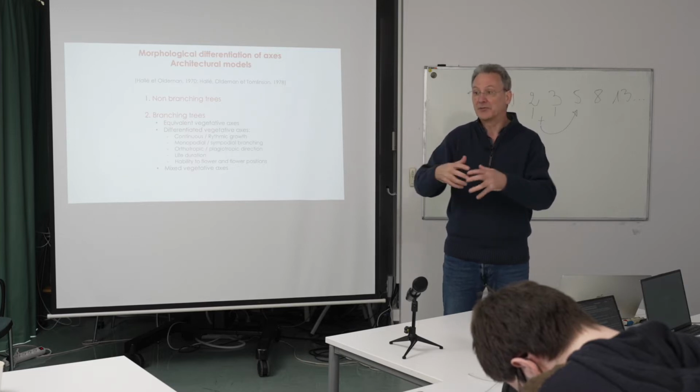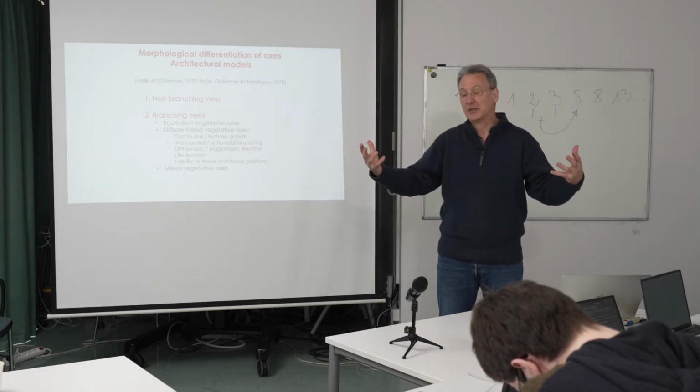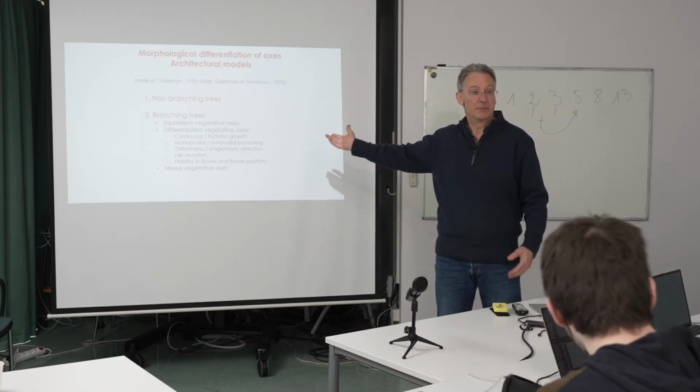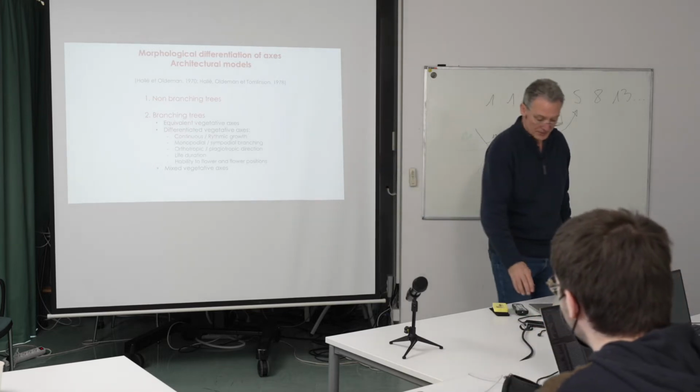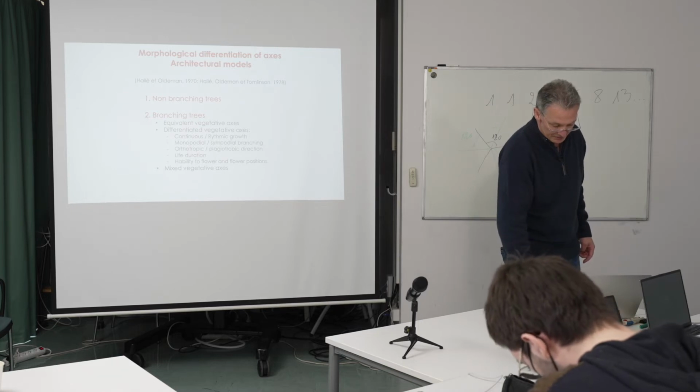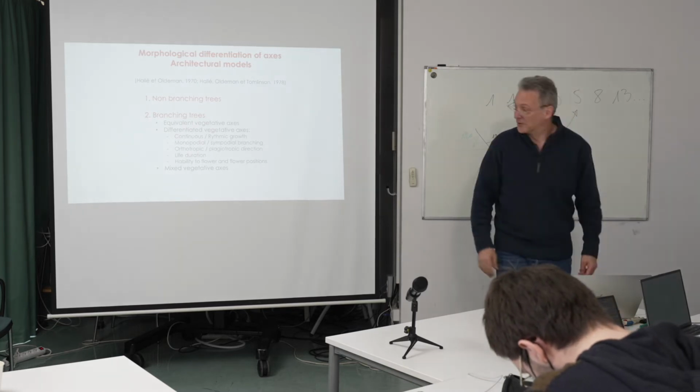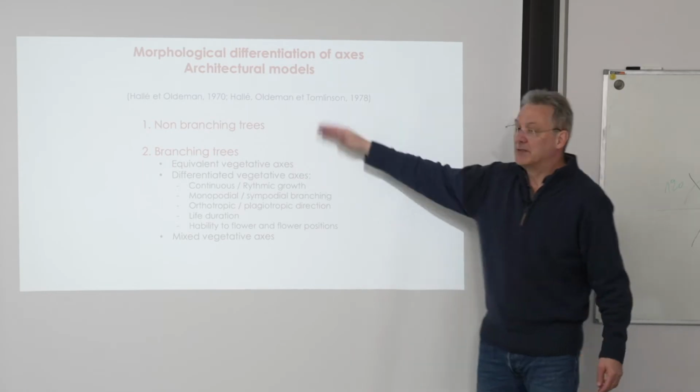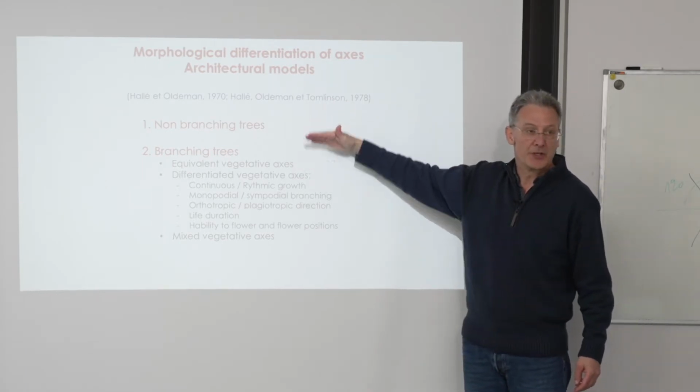So the different ways to create branching structures are limited, and they are limited a bit by the same constraints that they were able to identify here. So there are two main categories: plants that are not branching and plants that are branching.